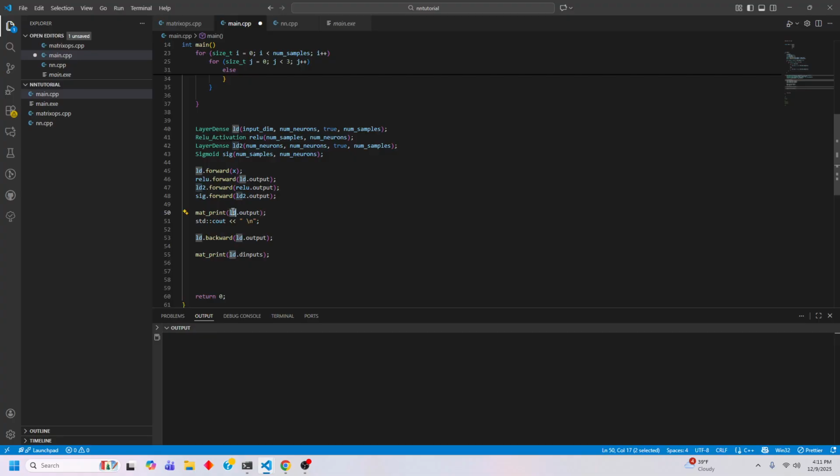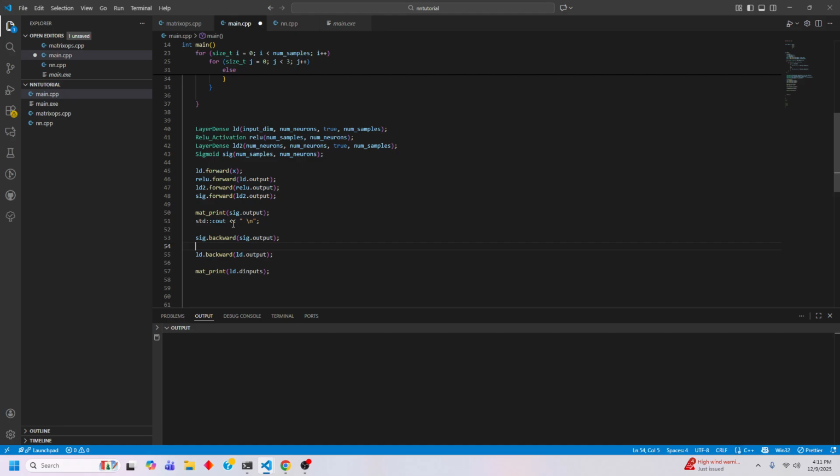And we'll go ahead and look at what the output of the sigmoid function is. And then we'll take the sigmoid backwards. We'll just take the sigmoid's output for now as the input to that.